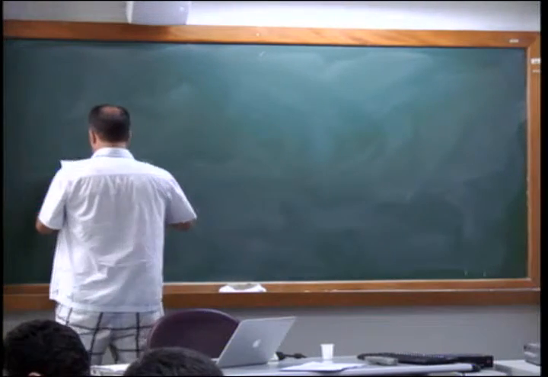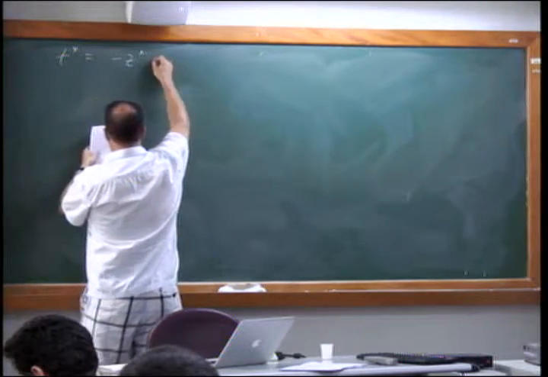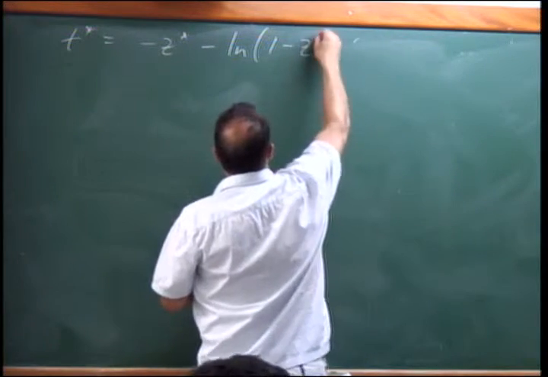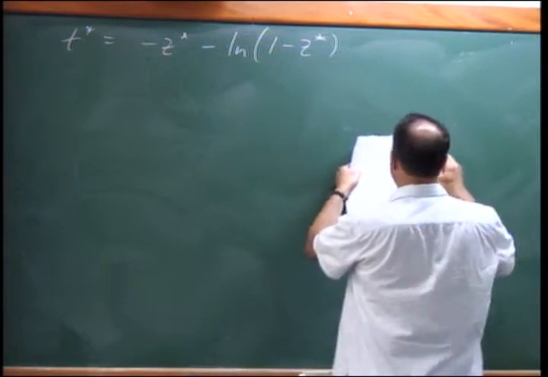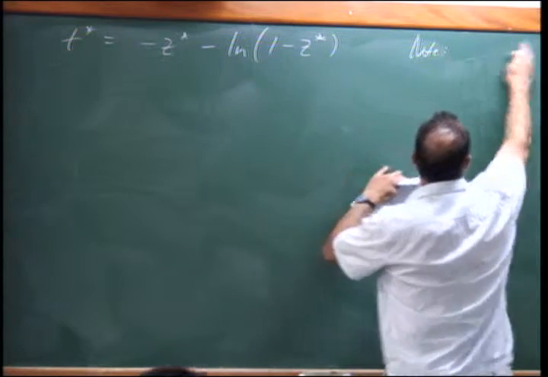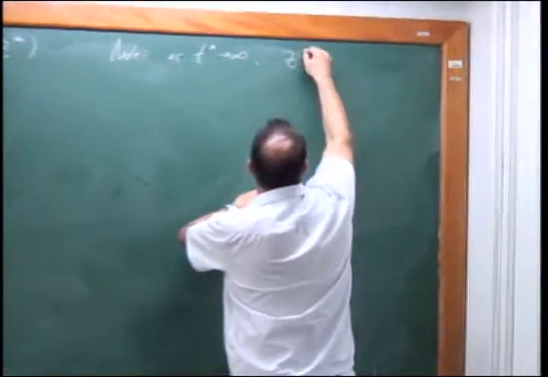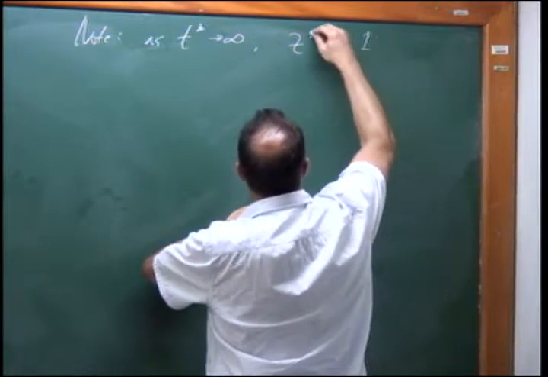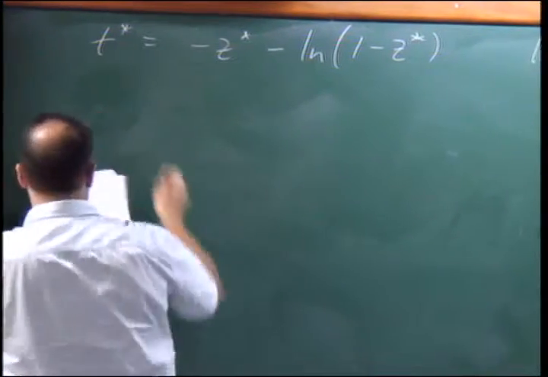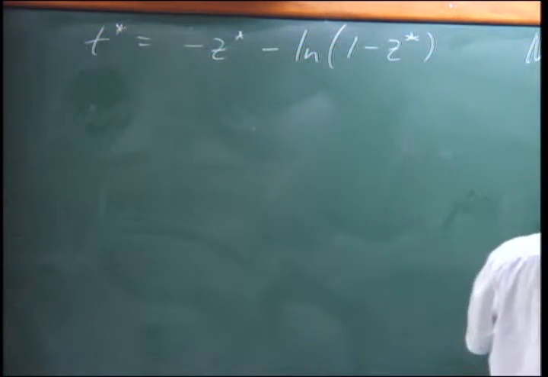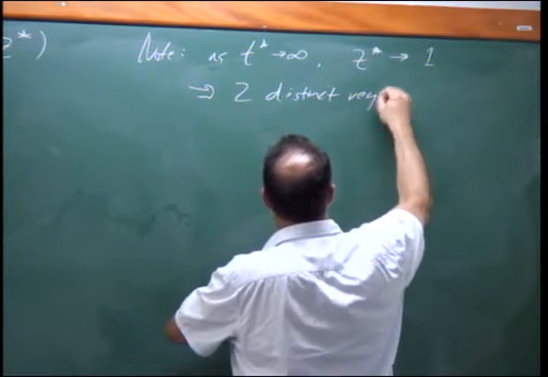Okay, so note we know in the long time limit Z is going to H, so Z star is going to 1. So we have 2 distinct viscous regimes.